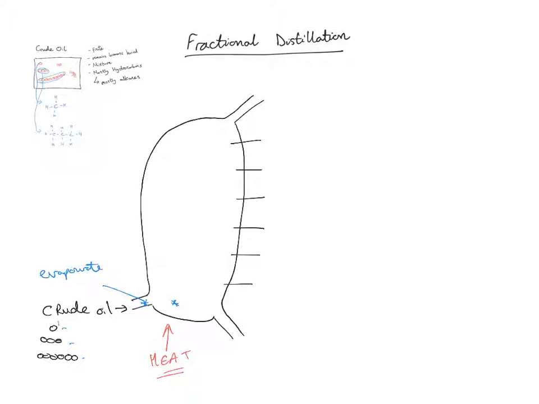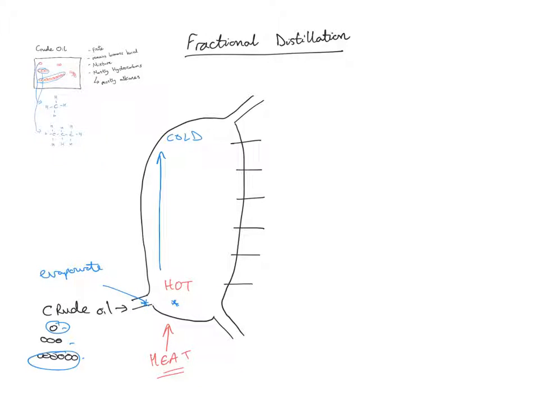So these short chains like methane with 1 carbon will boil at a lower temperature than these really long chains. Now, by applying heat at the bottom, it will make the bottom of the fractionating column really hot, whereas the top of the fractionating column will be substantially colder, and you'll set up a temperature gradient here.